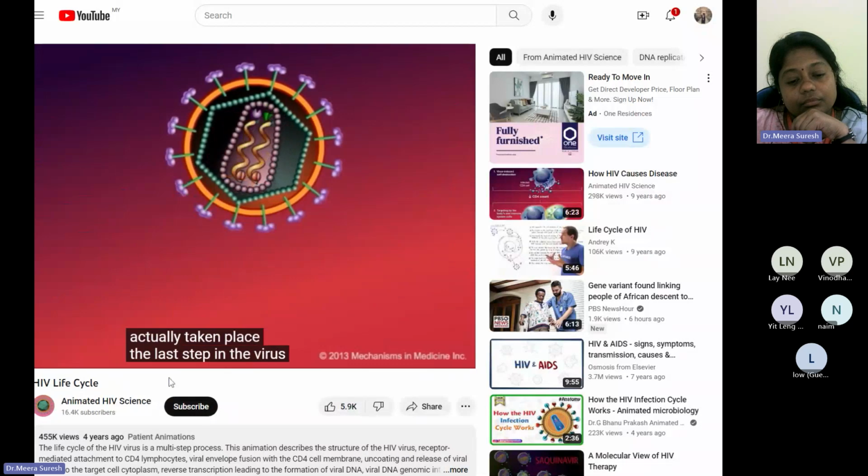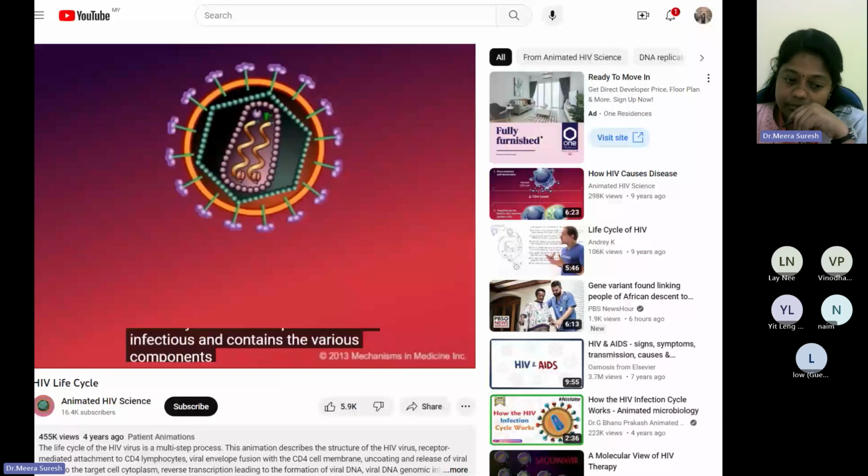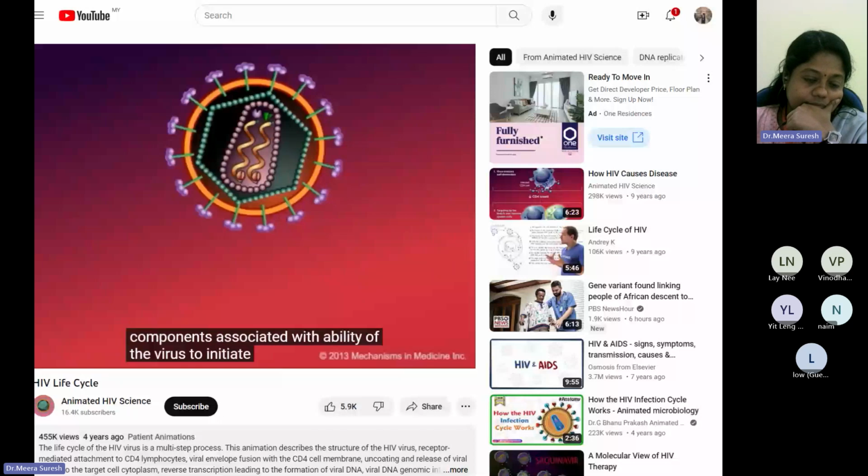The last step in the virus life cycle is the maturation of new virus. The newly mature virus particle is now infectious and contains the various components associated with the ability of the virus to initiate a new infection event. The new infection event will, by definition, involve the ability of this newly made virus particle to attach to a new, previously non-infected cell.